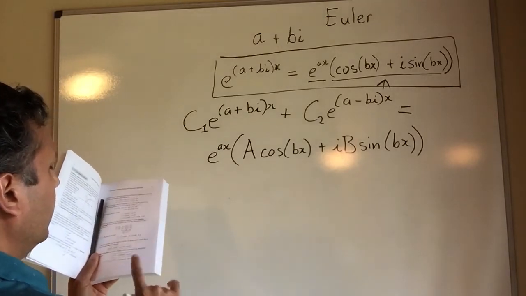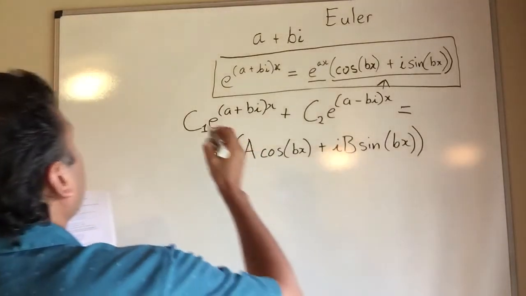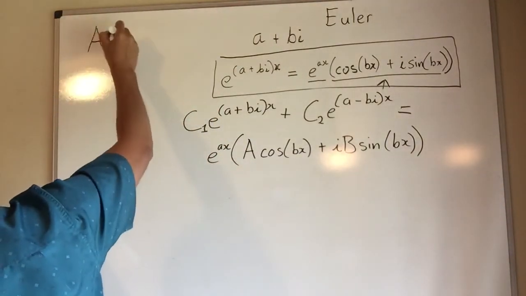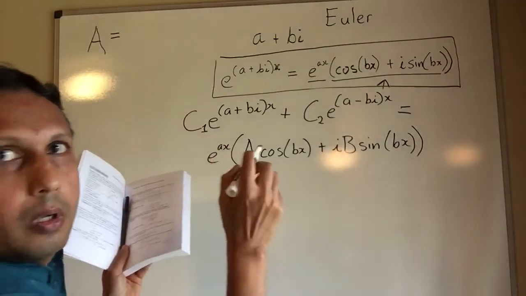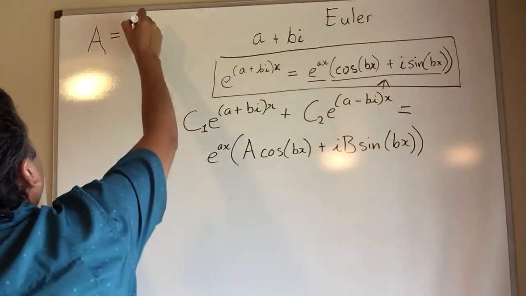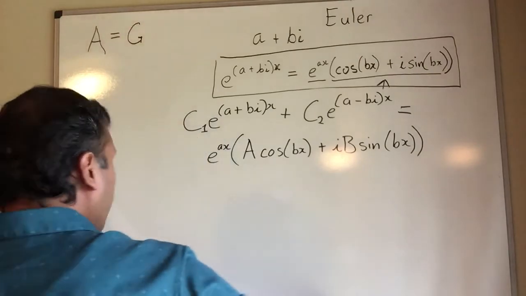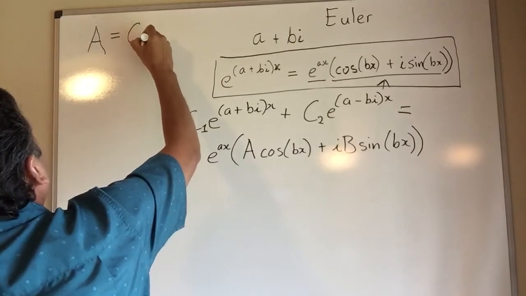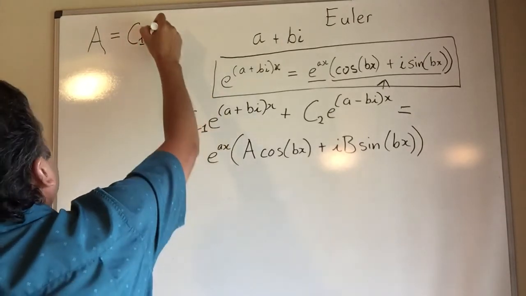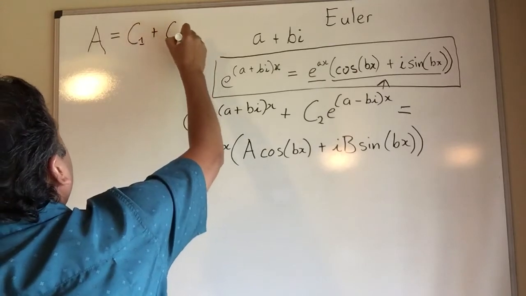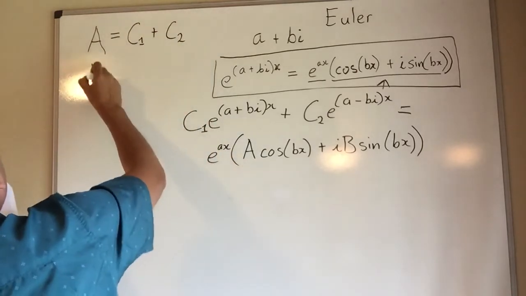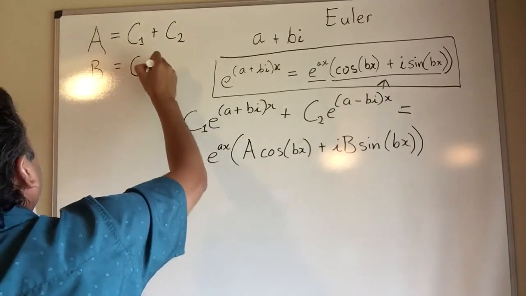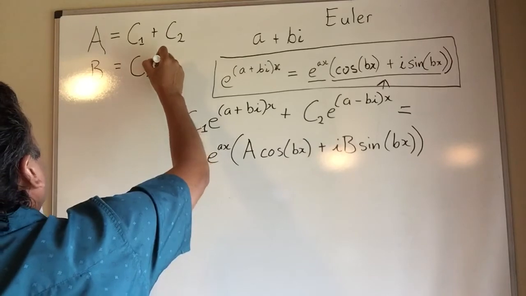I was given that a equals, yes, you can see it up here, a equals C1 plus C2 and B equals C1 minus C2.